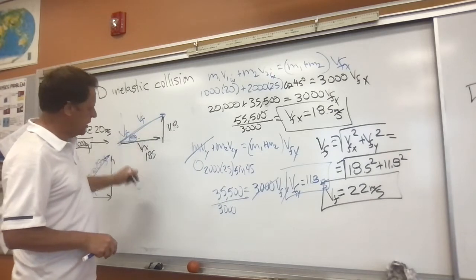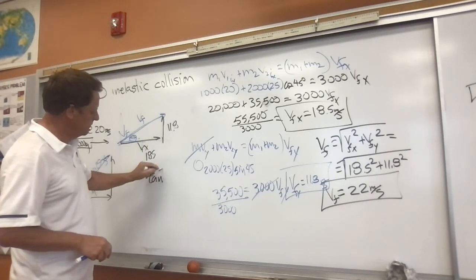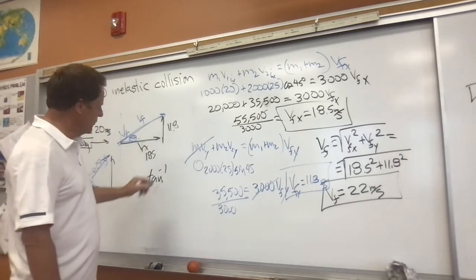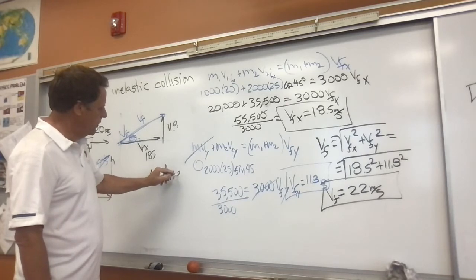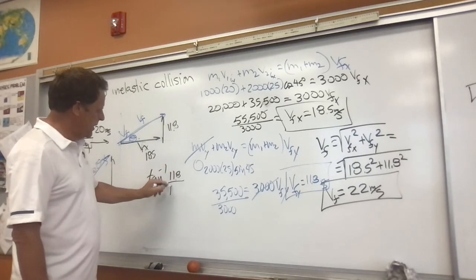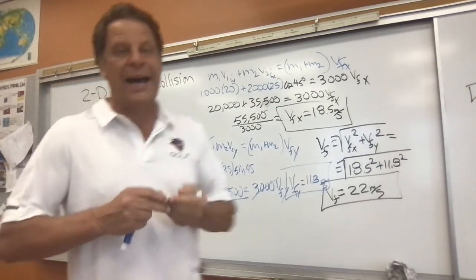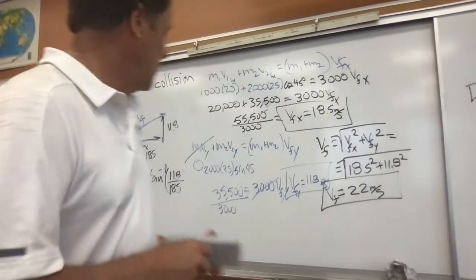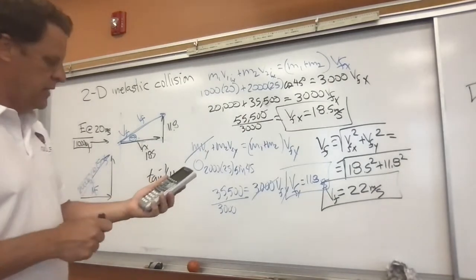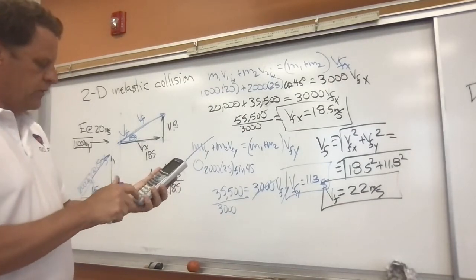And if we want this angle, we're going to take the inverse tangent of opposite 11.8 divided by our adjacent 18.5. And we are going to take the inverse tangent of that.